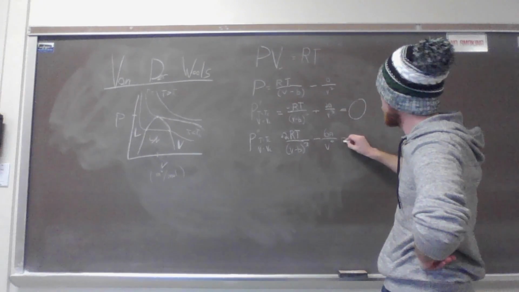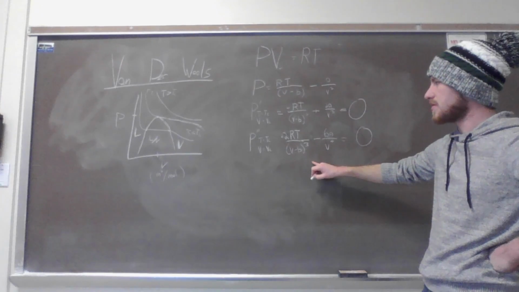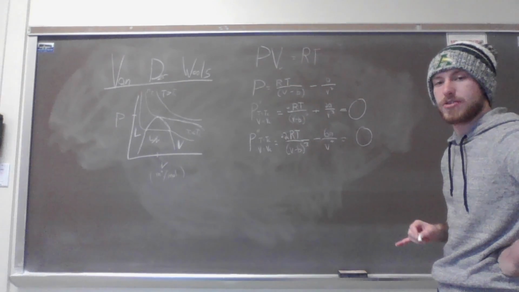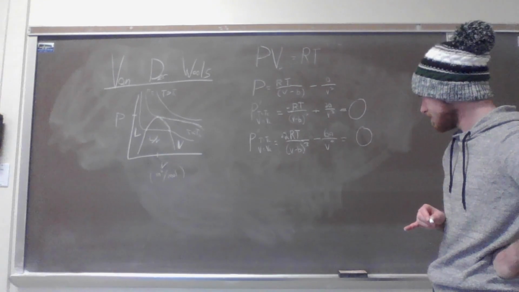You know, this is also equal to 0, this being our second derivative, and it being equal to 0 because on that graph at TC, we have an inflection point.